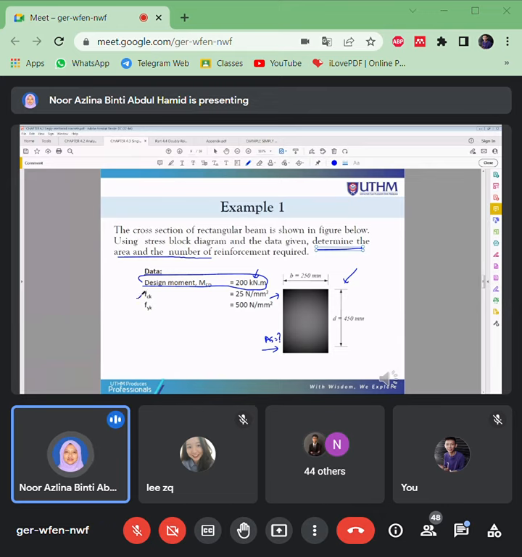These are the standards: fck is the grade of the concrete, fyk is the strength of the steel. So at the first step you have to identify whether the reinforcement required for this design moment of 200 kilonewton meters is doubly or singly.